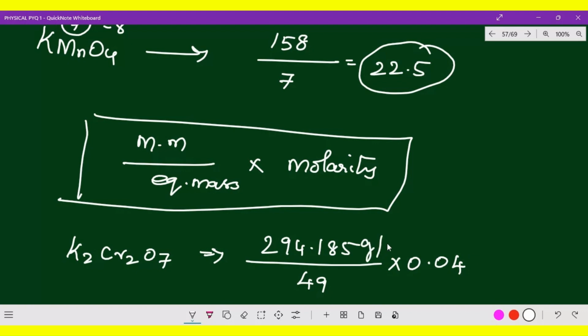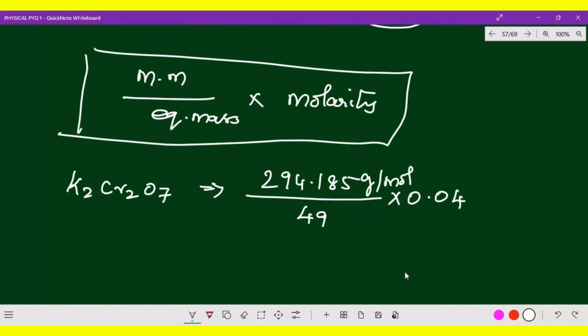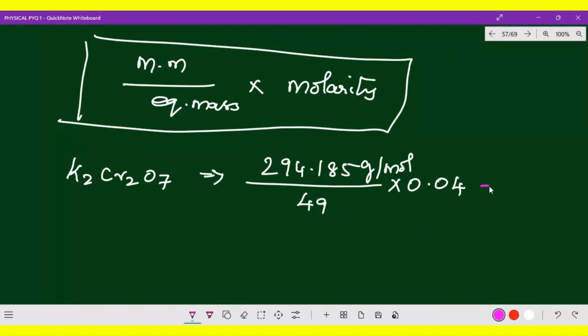When you calculate this, you get around 0.24 N. So this is actually normality.